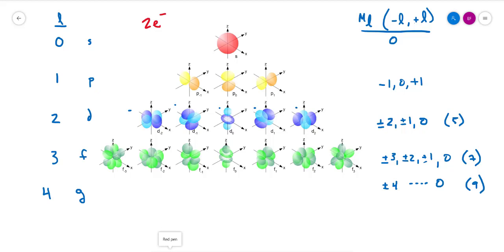So if I put 2 electrons into this s orbital here, at this point they would have the same set of 3 quantum numbers. That means we need 1 additional quantum number to differentiate these 2 electrons from each other. So that's where we're going next.